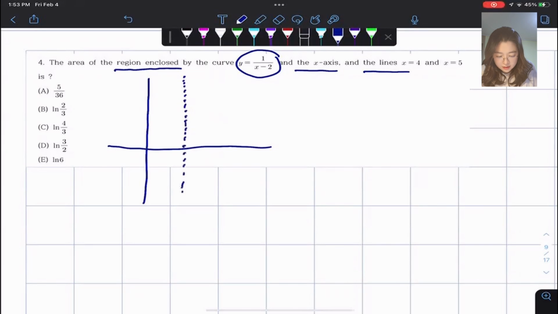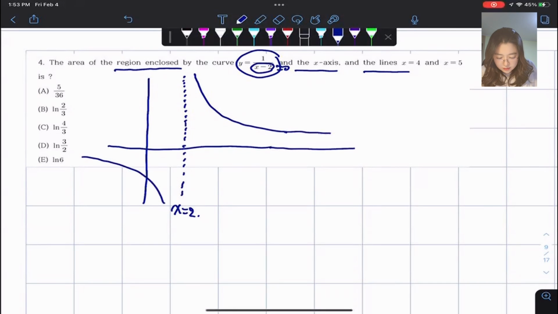This graph has the asymptote x equals 2. An asymptote is generated where the denominator is 0. So this part is 0. So this hyperbolic graph is like this. The range is x equals 4, x equals 5. The region is like this.